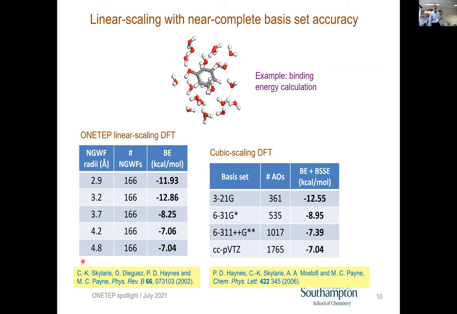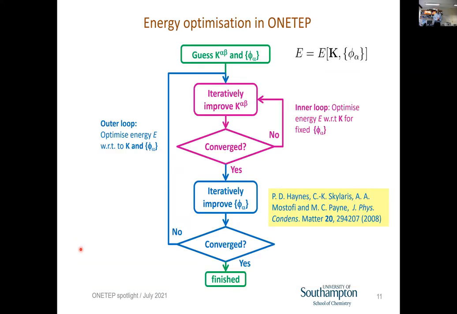These are the radii we use in routine calculations every day, and it converges to the value that you would get with a really, really big basis set, in this case with a conventional cubic scaling Gaussian basis set code. But you can do this comparison also with plane waves and other types of codes. We've made lots of comparisons like this. And it's always good to validate with the cubic scaling code just to make sure that the cutoffs you're using are sufficient.